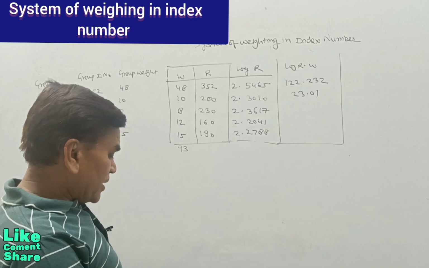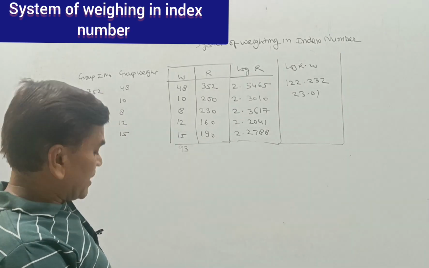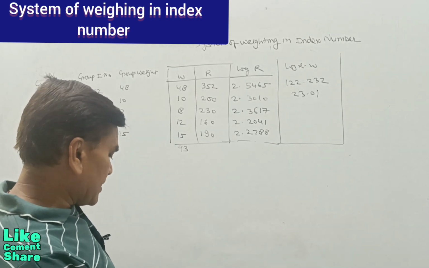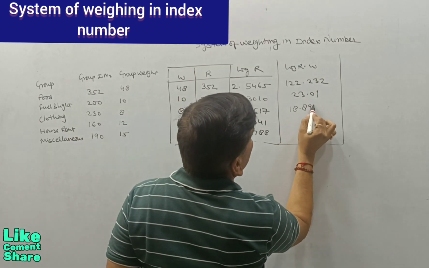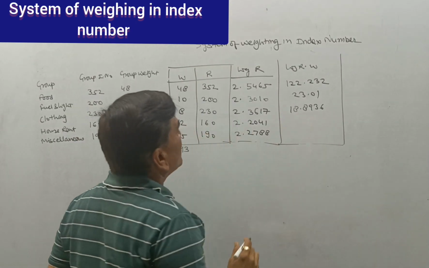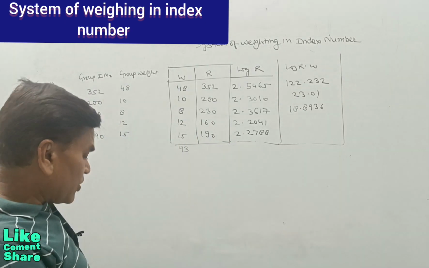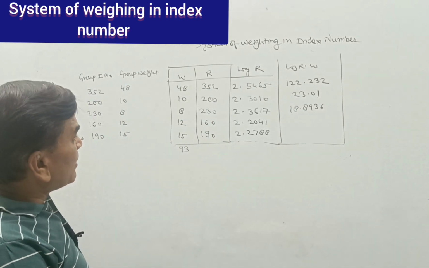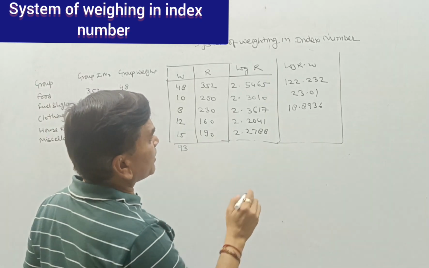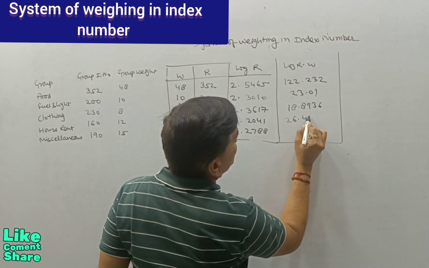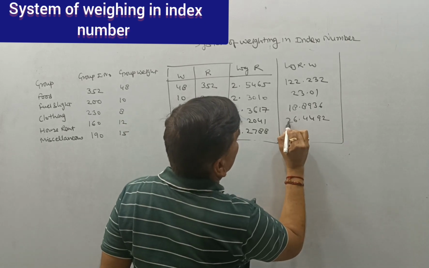Next, 2.3617 multiplied by 8 is 18.8936. Next, 2.2041 multiplied by 12 is 26.4492.